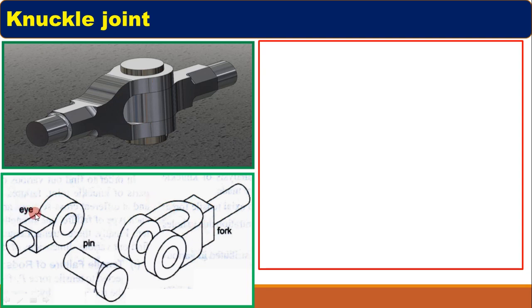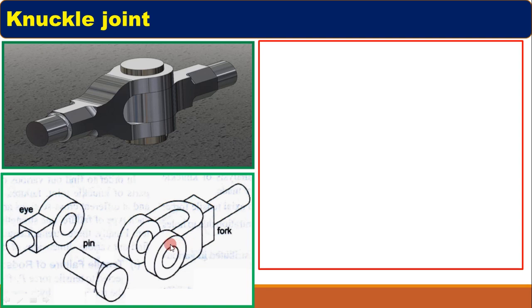Then the second one is the eye. The eye has only one end, and that is shown in this three-dimensional picture. So this eye and fork have ends with a feature like a hollow cylinder.